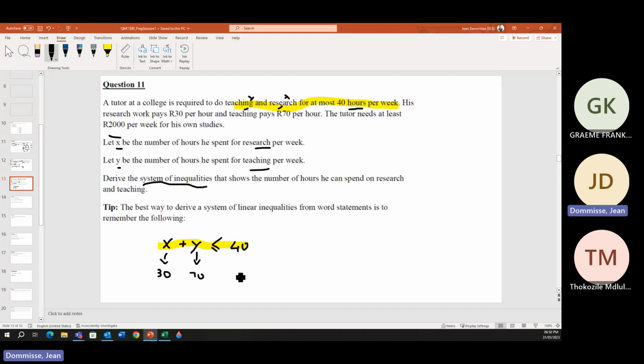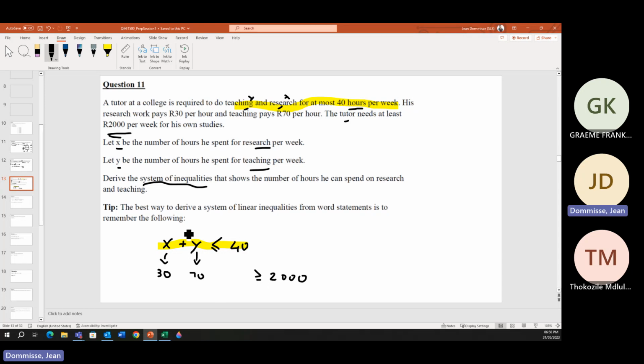Okay, strange question, but basically what the tutor needs is to make at least 2,000 Rand per week. So at least 2,000 means 2,000 or more.